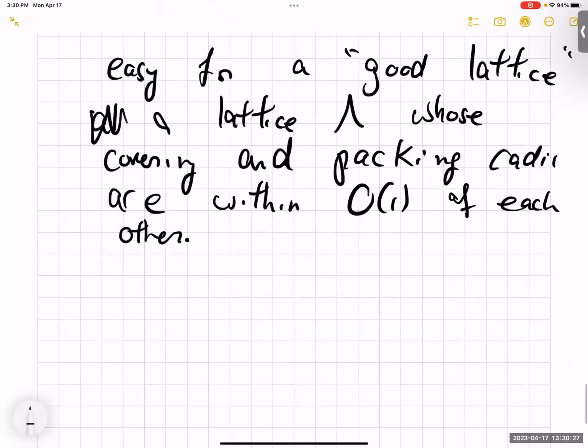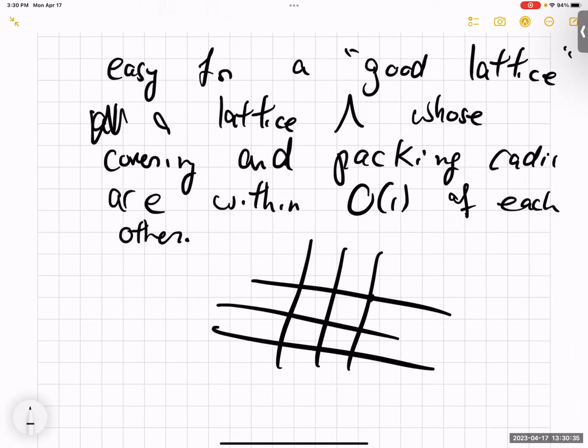If you have some lattice, it has two natural parameters. One of them is the covering radius. You want the smallest r such that if you draw a ball of radius r around every lattice point, the union of all of these balls is all of space. That's the covering radius.